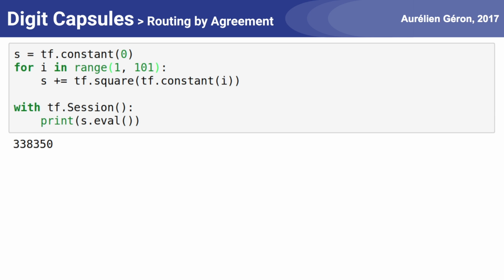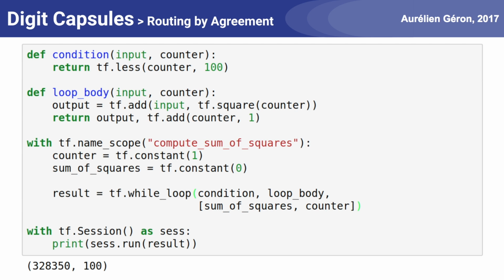So you can think of this loop as a static loop that only runs at graph construction time. If you want a dynamic loop, one that TensorFlow itself will run, then you must use TensorFlow's while loop function like this. The while loop function takes 3 parameters. The first one is a function that must return a tensor that will determine whether the loop should go on or not at each iteration.